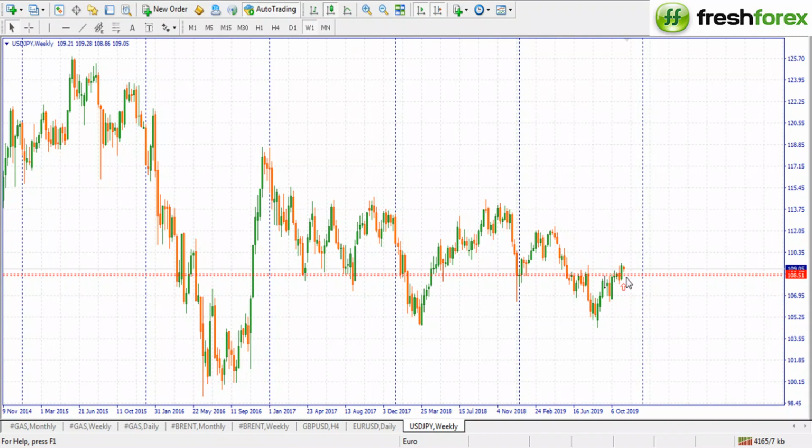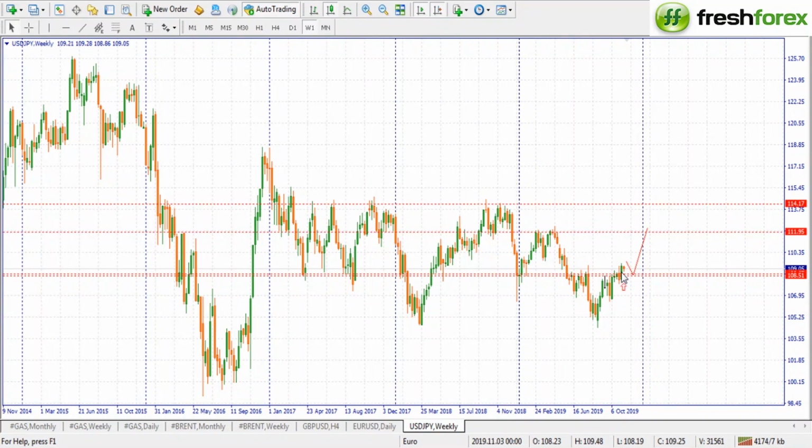So as long as the price remains above 108.51, simply wait for retracement up to the same level, then pick a buy up to this level here, 114.17. The first take profit should be here.